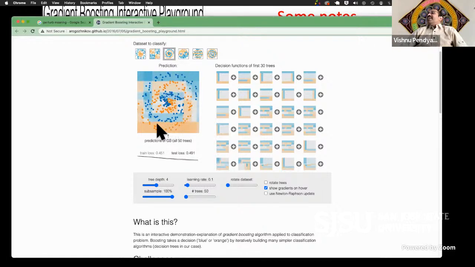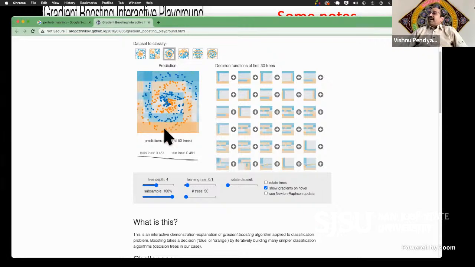Because these are all decision trees, the decision boundary is made of rectangles, two-dimensional rectangles. If it is n dimensions, it will be hypercubes, but in two dimensions, it's rectangles or squares, right? So you can see this is a complex decision boundary. It's a circle basically, but of course, because of the decision trees, you see squares or rectangles.